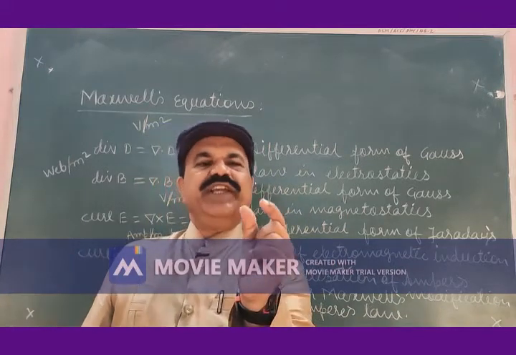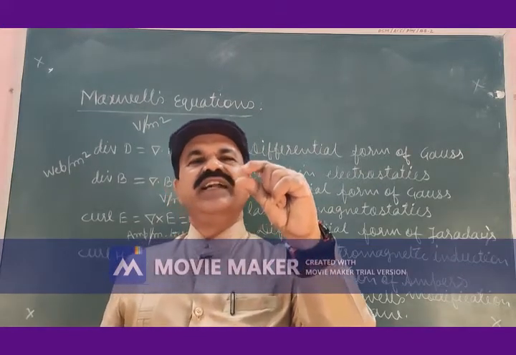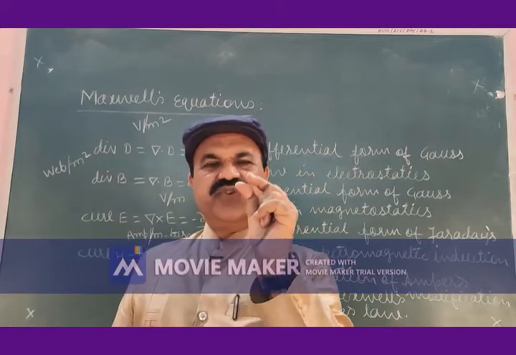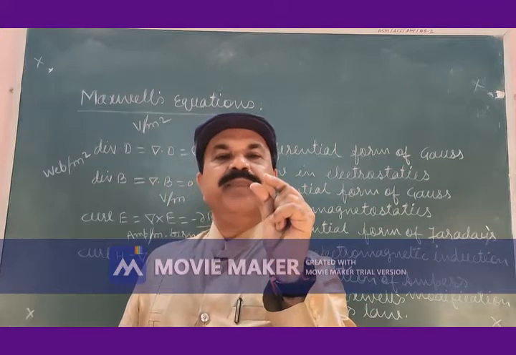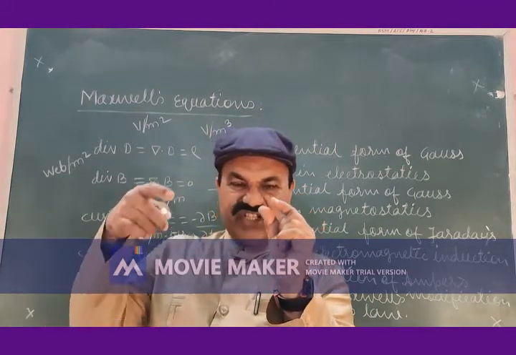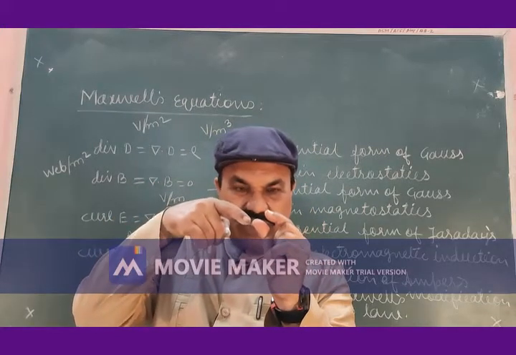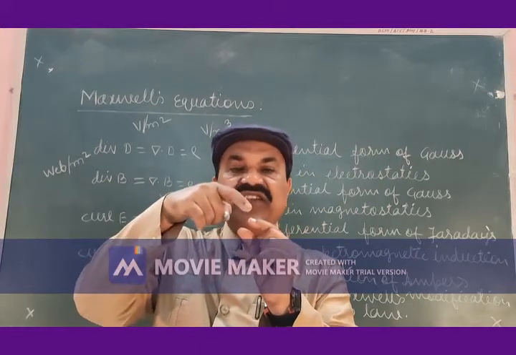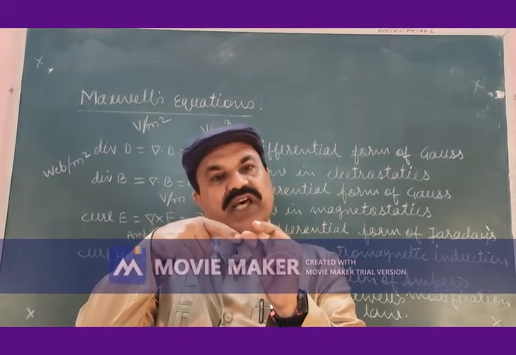If we have two nearby circuits which are not in electrical contact with each other, electrically isolated from each other, and current is changing in one circuit, then EMF is induced in the nearby circuit. If current is changing in the nearby circuit, EMF is induced in this circuit.